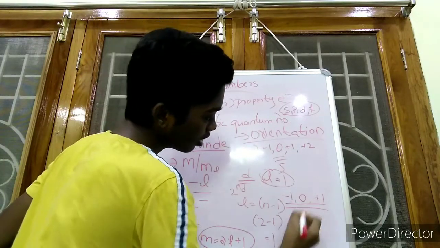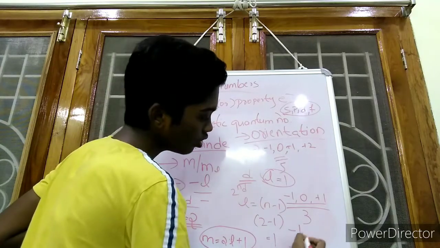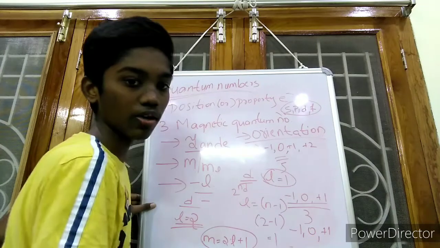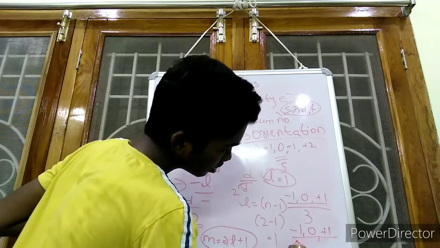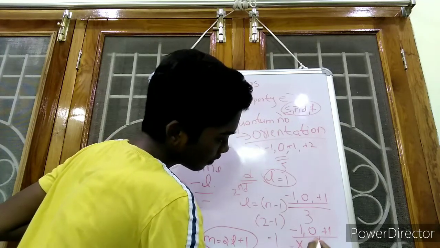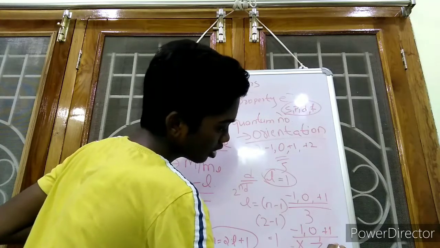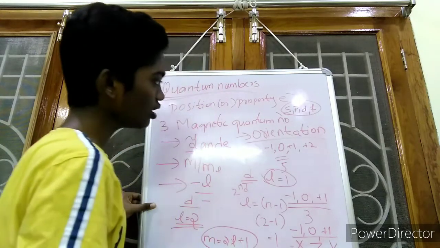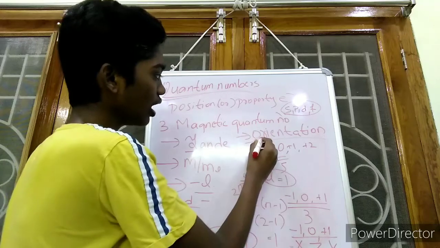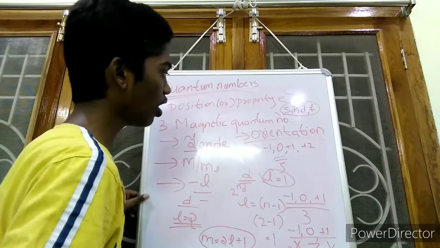Here minus 1 is the x axis, 0 is the z axis, and plus 1 is the y axis. So like this, the magnetic quantum number helps us in finding the orientation of orbitals.